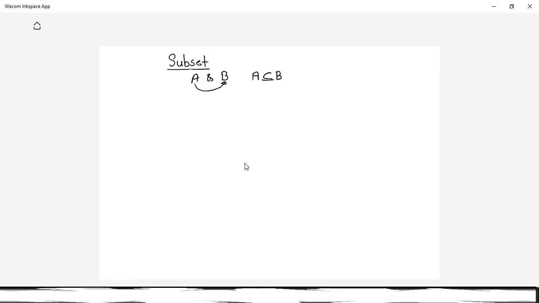For example, if I have set A as {2, 4, 6} and set B as {6, 4, 8, 2}.